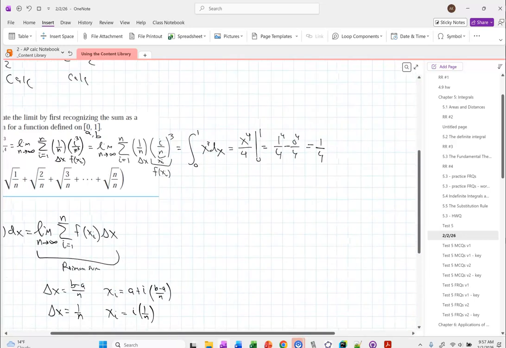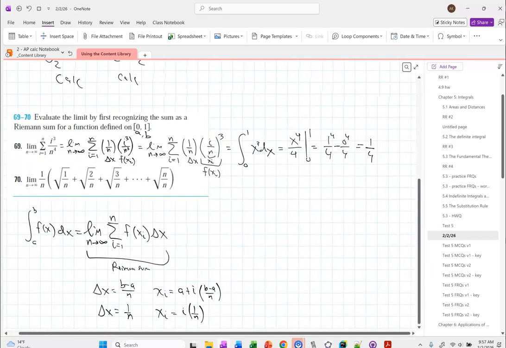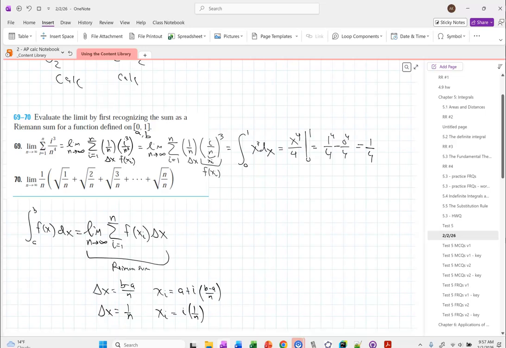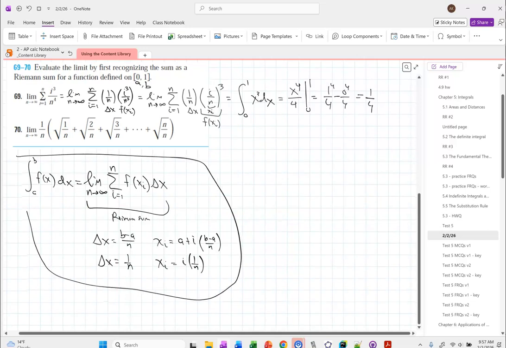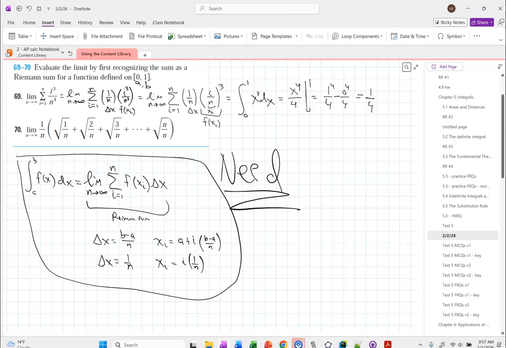Now, this is a great question you chose, Lucia, because I will also guarantee you on your test there'll be at least one multiple choice question where you have to translate one of these into an integral or an integral into one of these. So you stone cold need to have those formulas memorized.